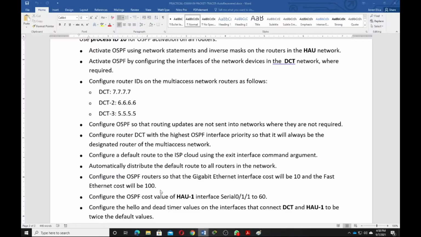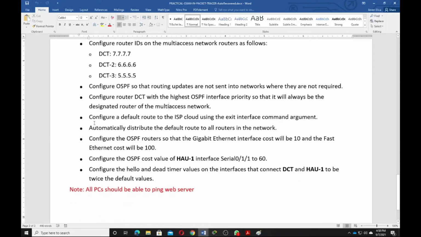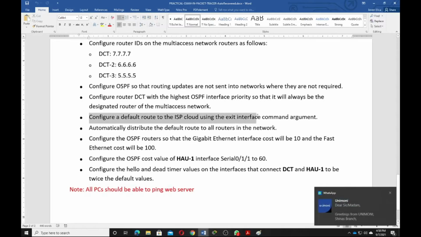The next requirement is, we're finished with configuring the router as the highest OSPF. Configure the default route to ISP using the exit interface.